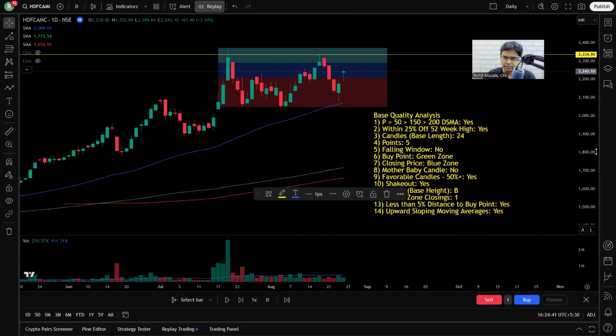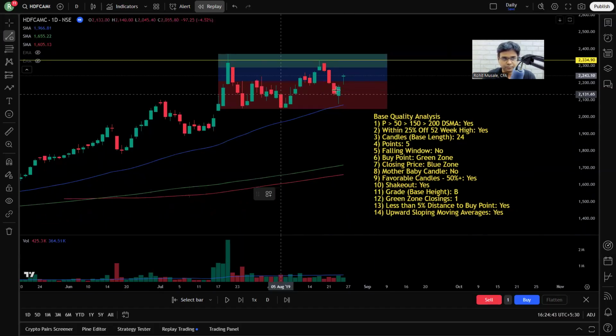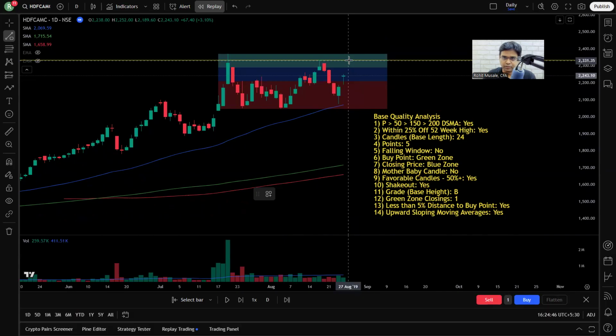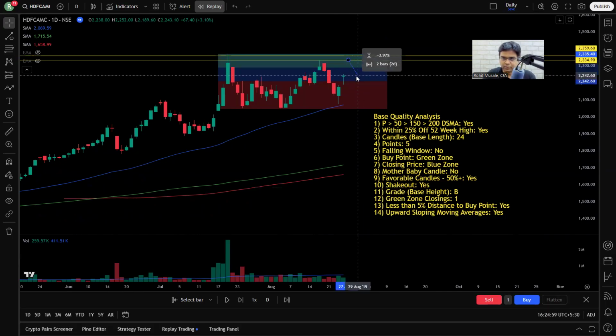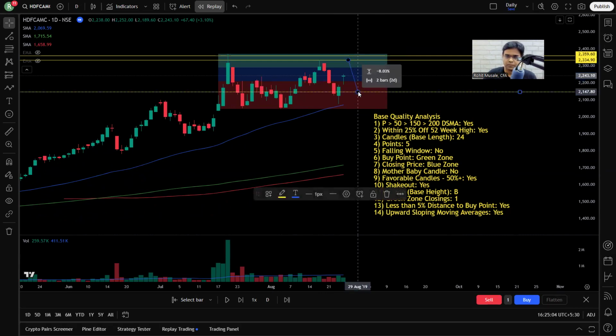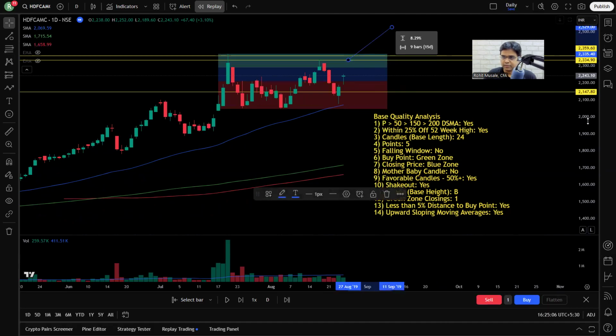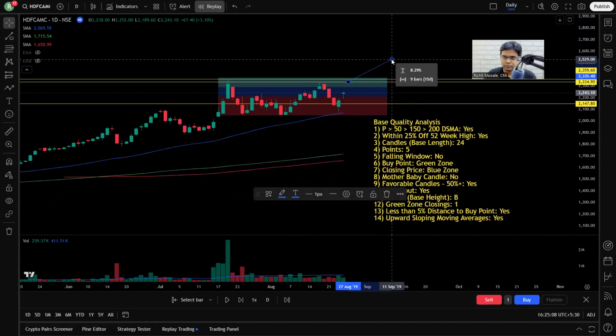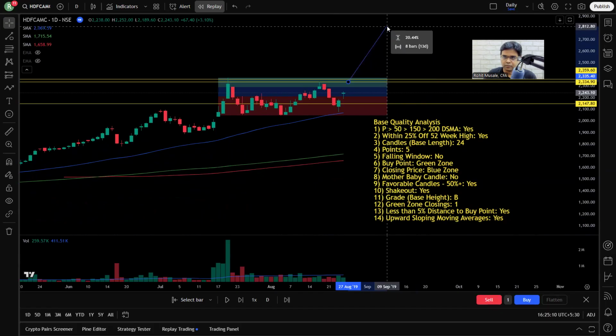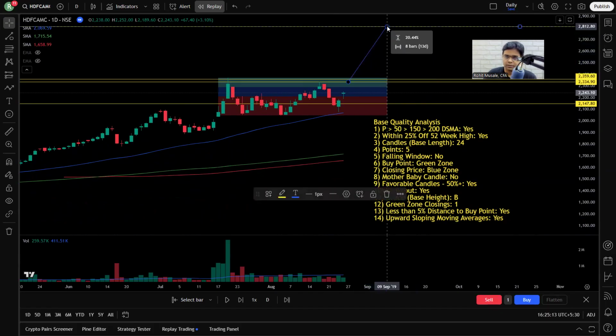So let's do that. Okay, let's do it. So from here, I will put the cursor here. Let's go up 1%. Yeah. So let's draw a line here. Okay, this is 1%. Now let's go down 8% somewhere here. Okay. Now let's go up 20%. Yeah, this 20% here.